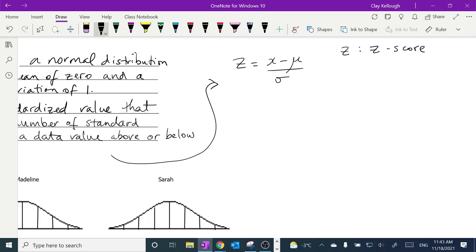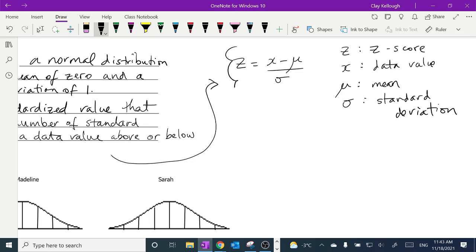And you should know what the other variables stand for. X stands for just a data value. Mu is, of course, my mean. And sigma is, again, my standard deviation. So that's our new, and I'm happy to say our last formula for this chapter.